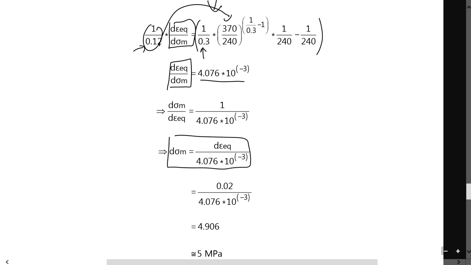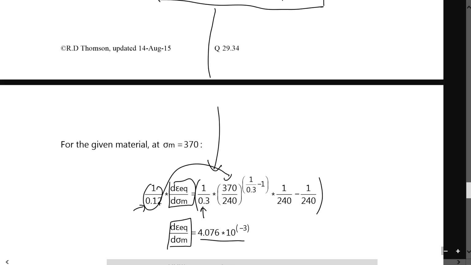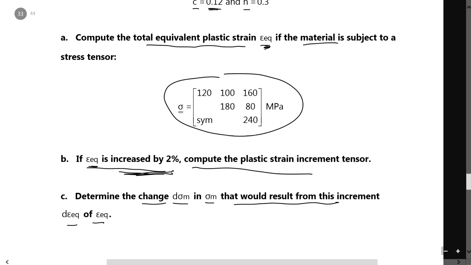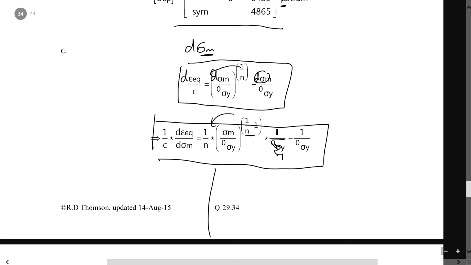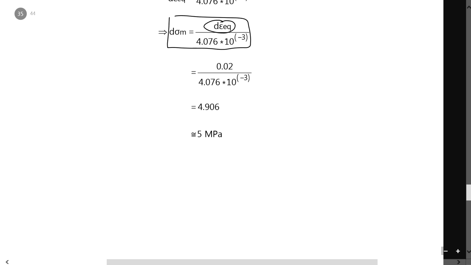Since you know that your equivalent is 0.02 from part B, as they say that your equivalent increment has increased by 2%, just simply sub in all the values, and eventually you have 5 MPa as your change in the volumetric stress.